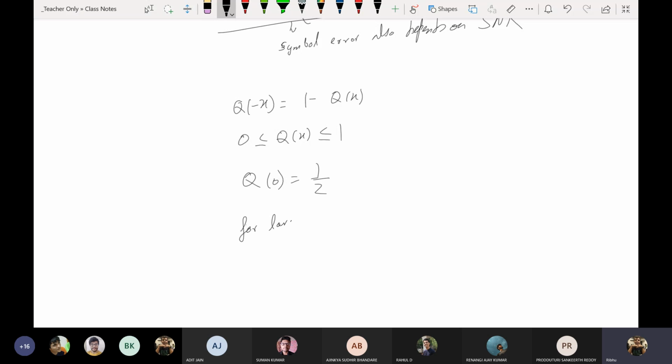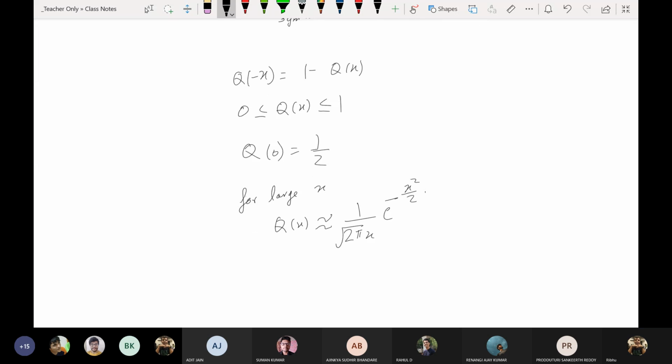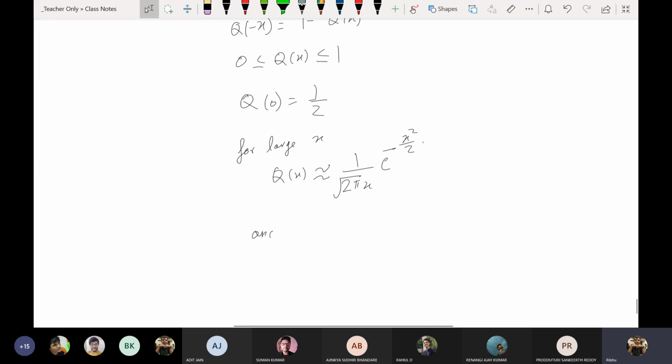For large x, Q of x approximately equals 1 upon root 2 pi x times e to the power minus x square by 2. And in MATLAB you can use the Q function to call the Q function.